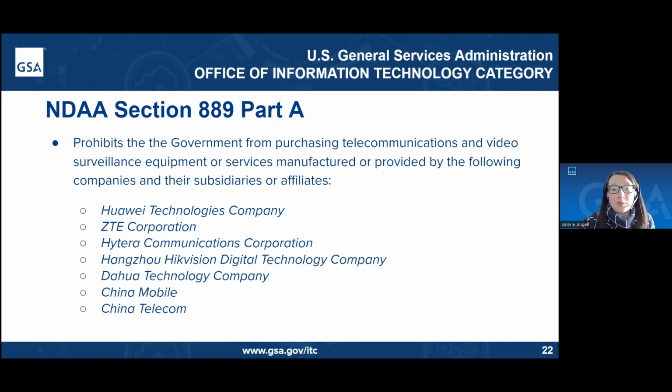And this includes their subsidiaries or affiliates. And they're listed there on the screen. First, Huawei Technologies Company, ZTE Corporation, Hytera Communications Corporation, Hangzhou Hikvision Digital Technology Company, and Dahua Technology Company. Next slide.